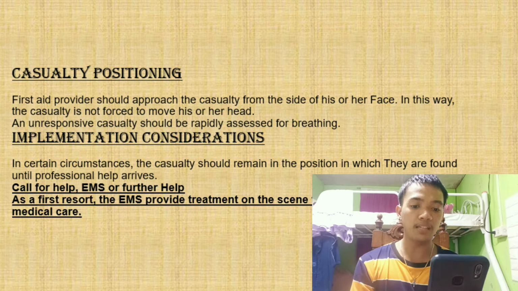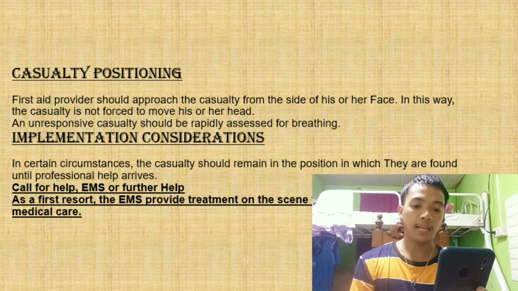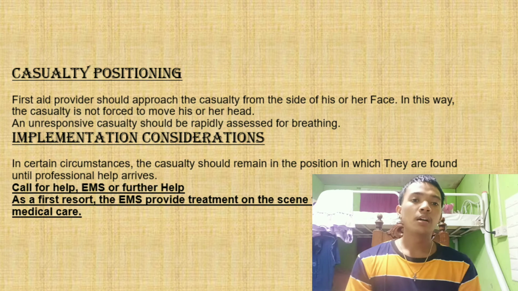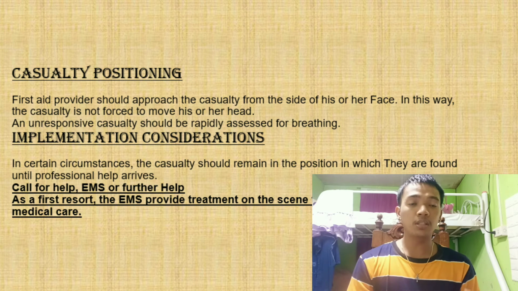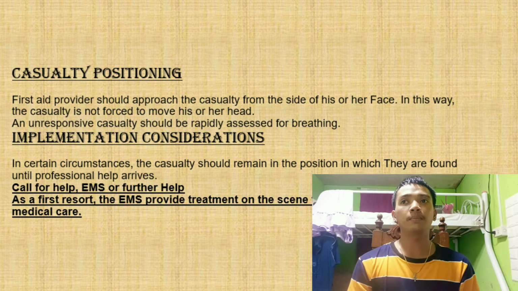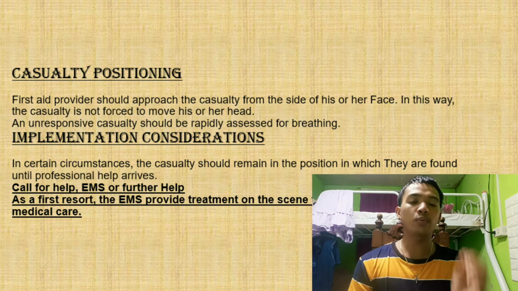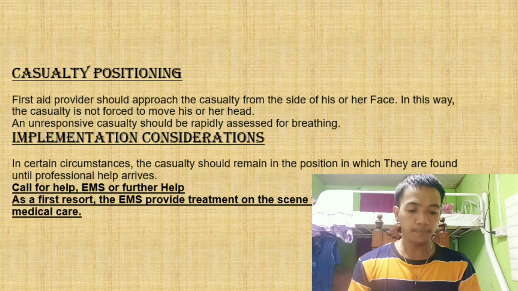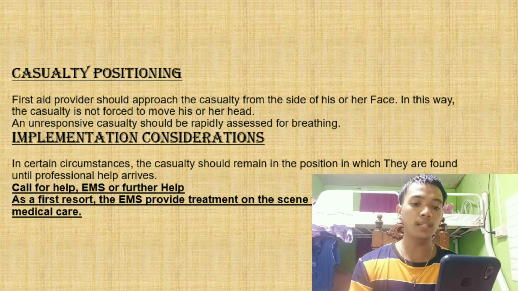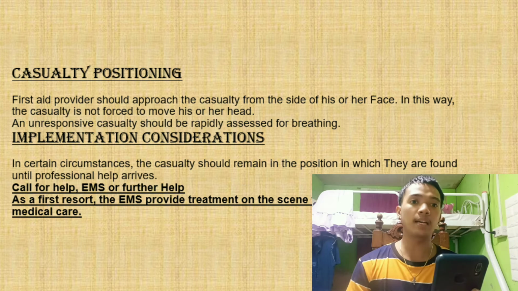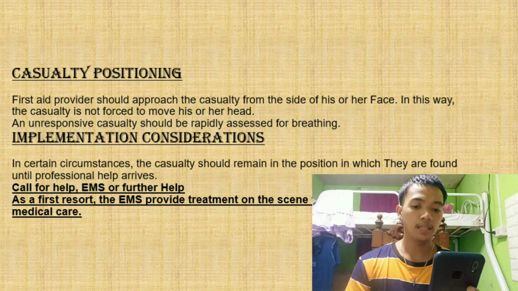In certain circumstances, the casualty should remain in the position in which they are found until professional help arrives. Some circumstances may come where they should wait for the other professionals to assist the casualty immediately.